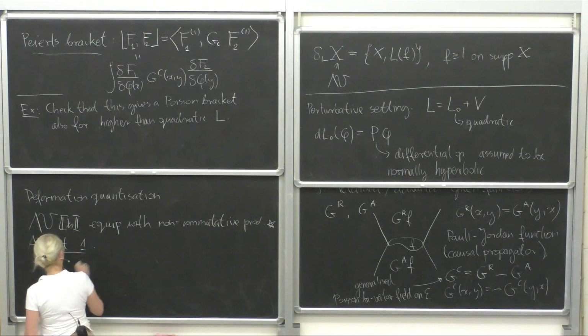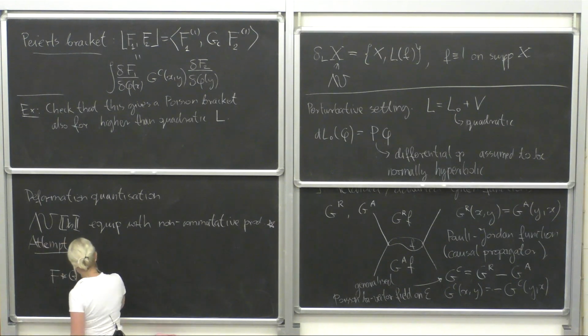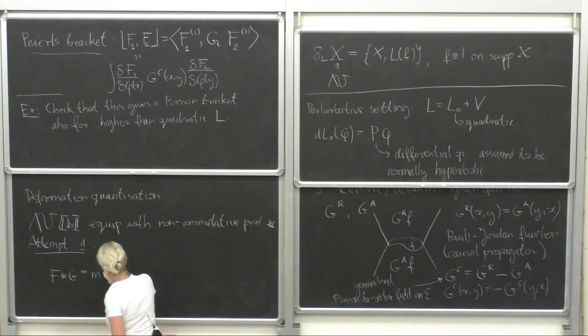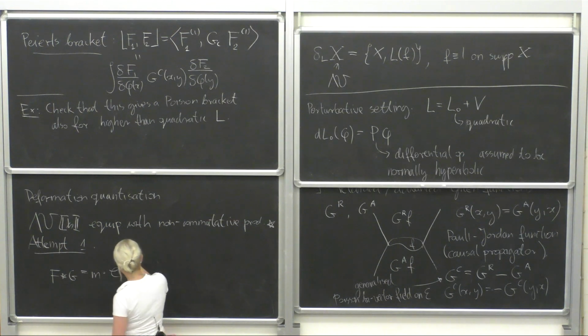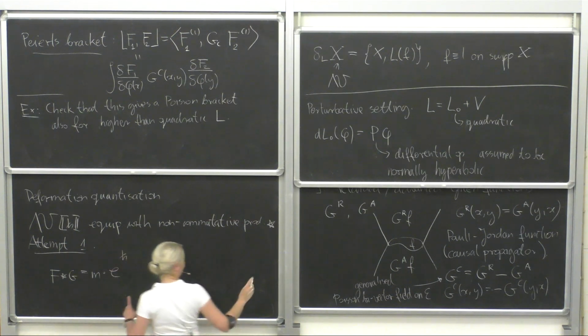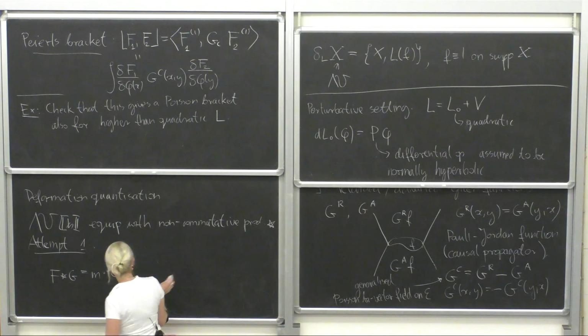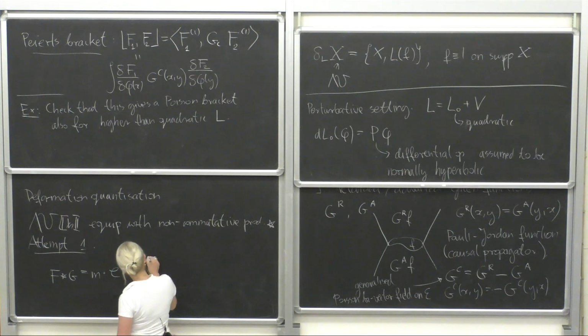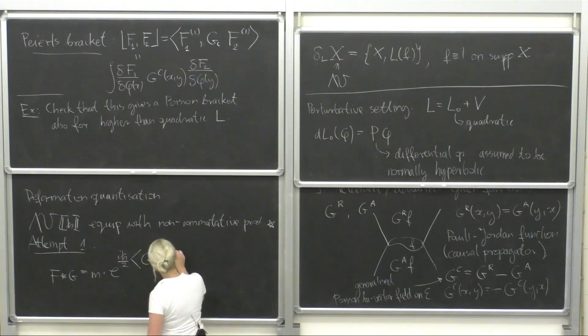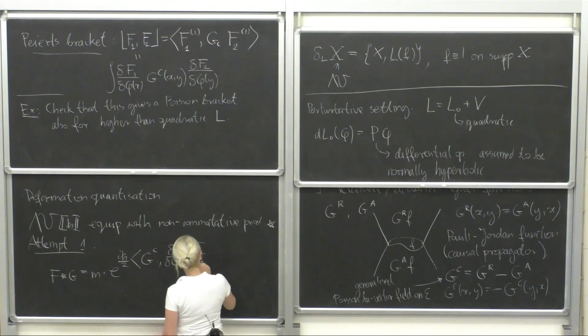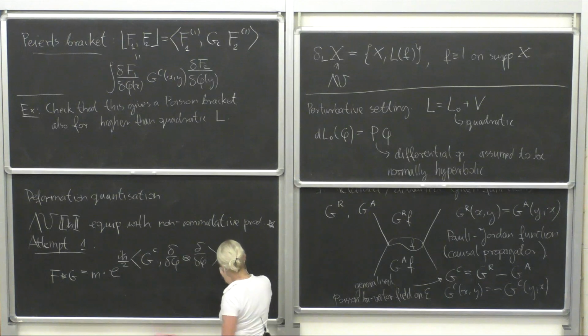Attempt 1, let's say F star G. Okay, so multiplication, and here the exponential of, we want commutation relations to be with I and H bar. So let's have I H bar over 2, and here the causal propagator and with derivatives. Okay, let's do this.